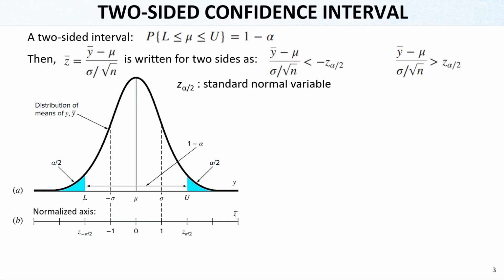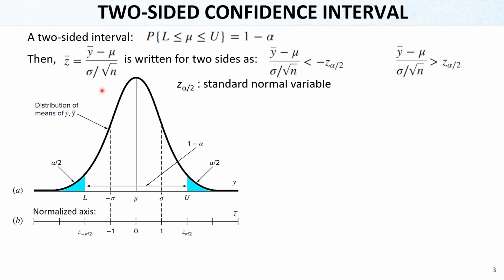Now, with the definition that the probability that the mean is between the lower and upper bound is 1 minus alpha, we have a two-sided confidence interval. So this is the two-sided interval, and for the standard normalized axis, we can have two sides like this one.